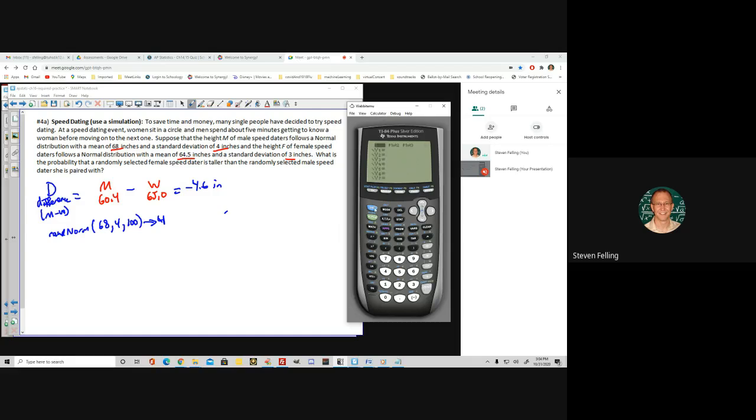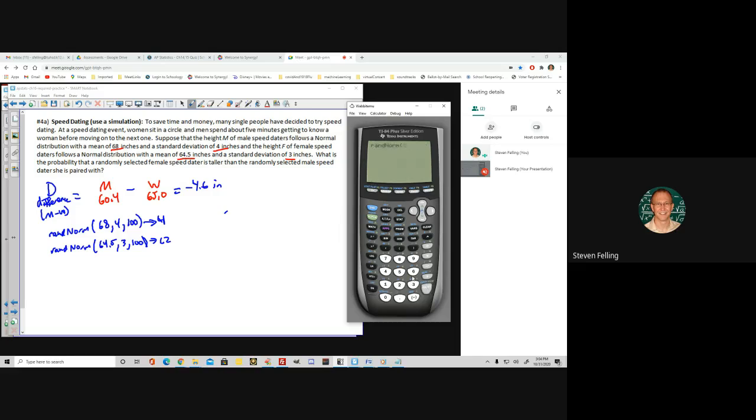All right. So now we're going to do the same thing to simulate women. For that, you will say random norm. Women's mean is 64.5, standard deviation 3. We'll simulate 100 women and store their results into list 2. So we're going to go math, over to the probability menu, down to random normal.